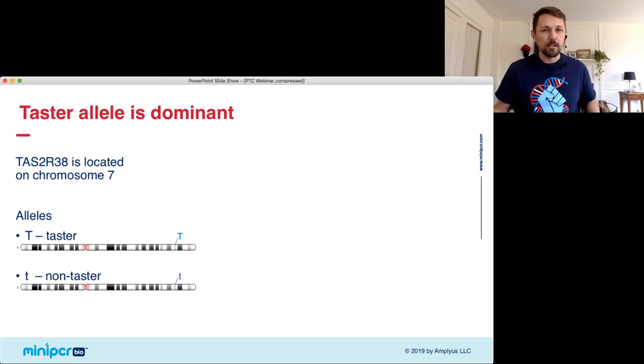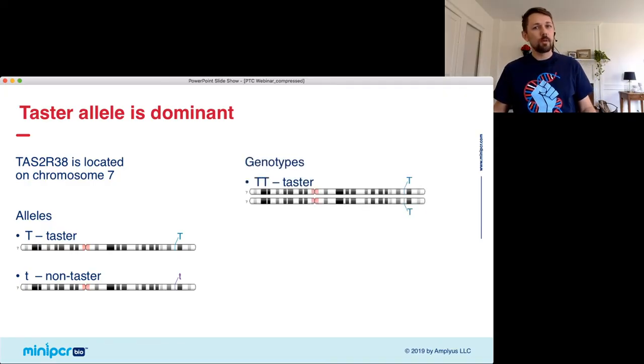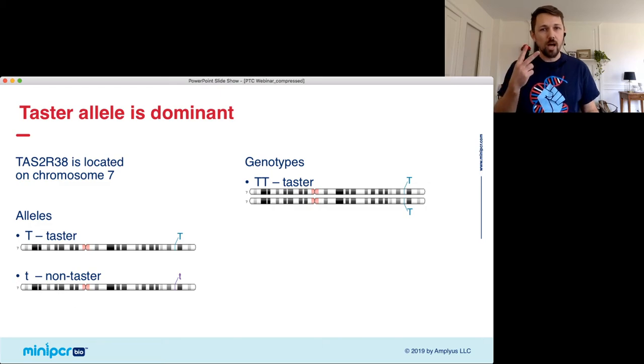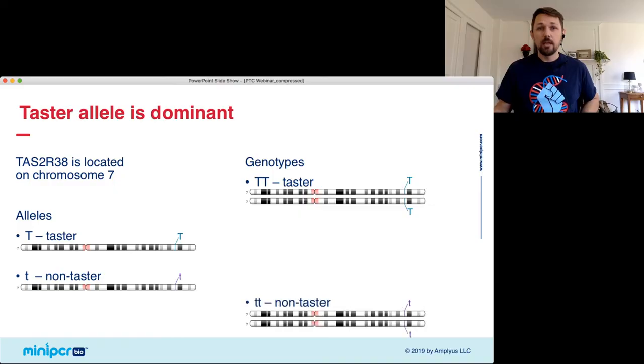So now just to be really clear about the different genotypes you could get, because everybody has 2 chromosome number 7s, everybody's going to have 2 copies of this gene. You're going to have 2 alleles, right? If you get a chromosome number 7 from your mom with a big T and you get one from your dad with a big T, you're going to be a homozygous taster. If you get one from your mom and your dad both with little t's, you're going to be a homozygous non-taster.